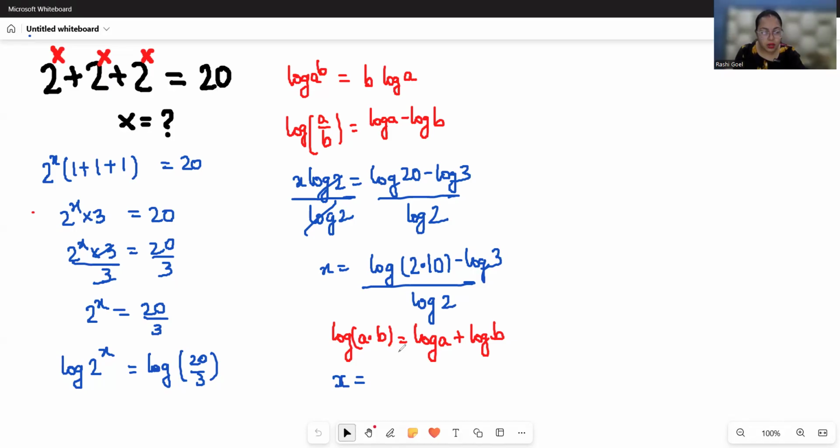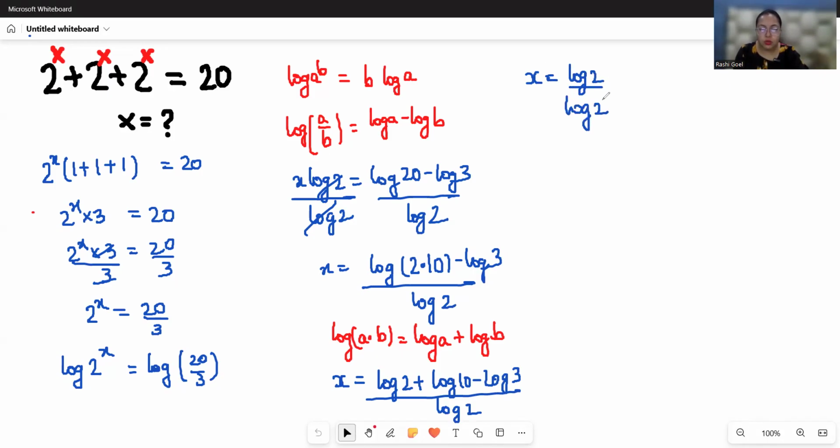So x equal log 2 plus log 10 minus log 3 by log 2. So x equal log 2 by log 2 plus log 10 by log 2 minus log 3 by log 2.